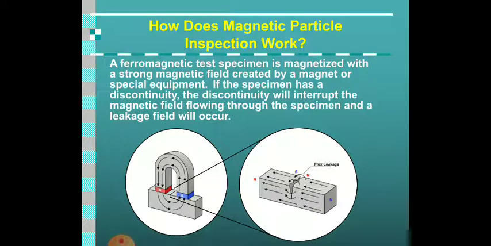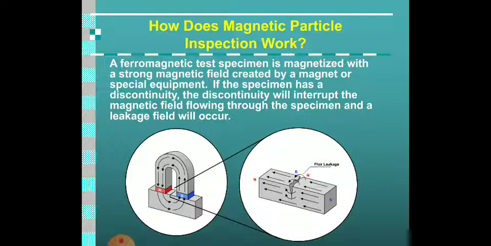As we know how magnetic particle inspection works, according to the figure you can see how it is to be examined. The ferromagnetic test specimen is magnetized with a strong magnetic field that is created by a magnet or special equipment. If the specimen has a discontinuity, the discontinuity will interrupt the magnetic field flowing through the specimen, and a leakage field will occur.